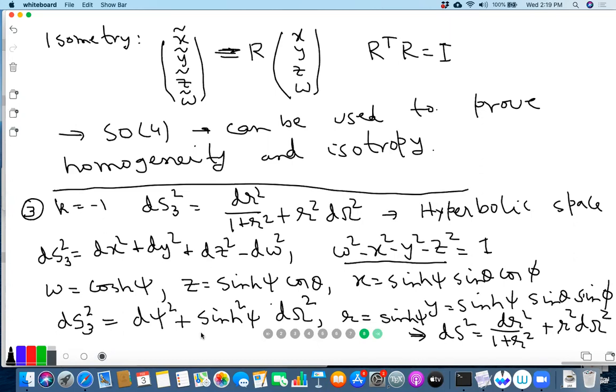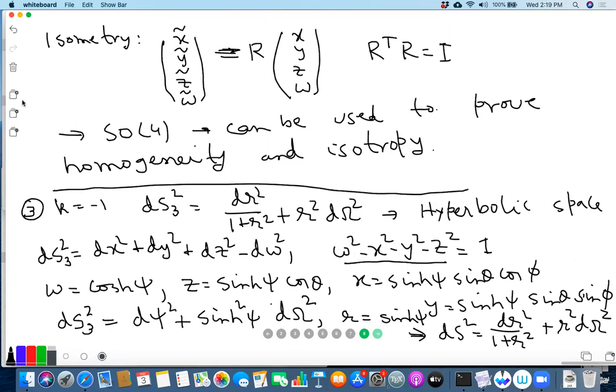Is this clear? Yeah, I thought, had we taken this ds3 square Euclidean metric, then we could get something that would be like a three-sphere. Yeah, that will be like a three-sphere. If you use plus sign here and use this, then the isometry will be lost. Because it's important that you use the same metric.